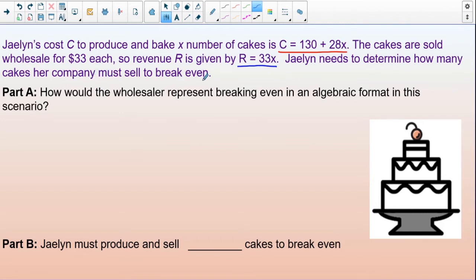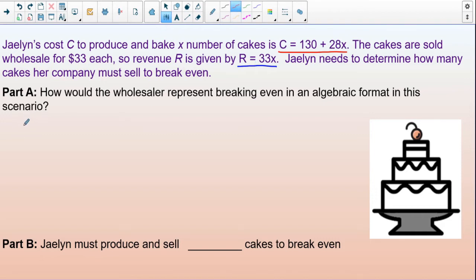So we're going to start off first just by writing this in an algebraic format. How can we represent this scenario in an algebraic format? So basically, let's just use a little bit of logic here. We know that the cost is going to be this much. The revenue would be this much. We want our revenue to be more than the cost, or else we're going to go out of business, right?